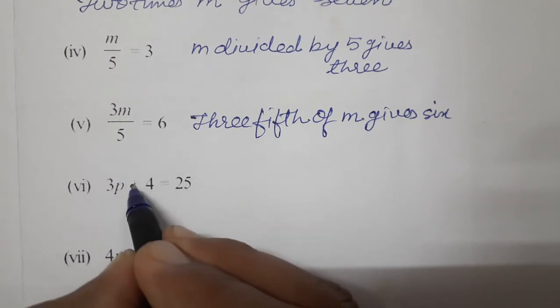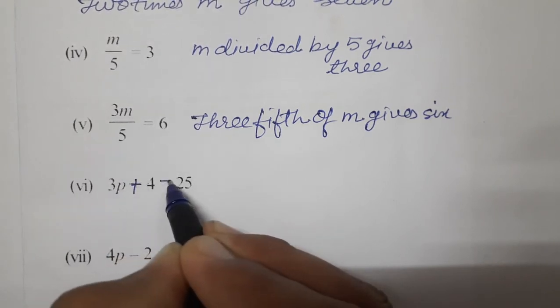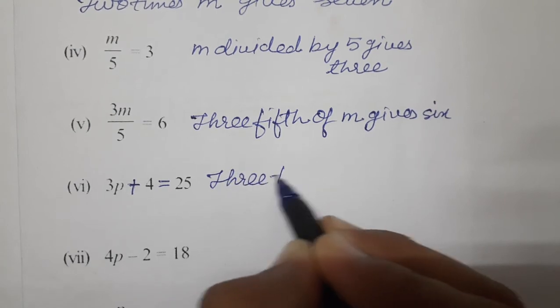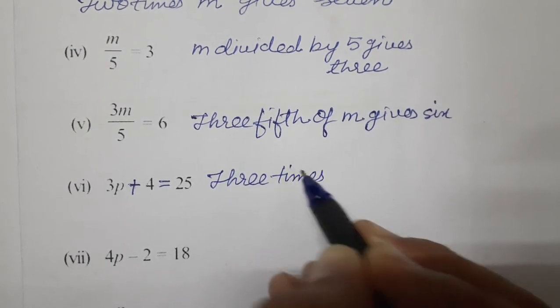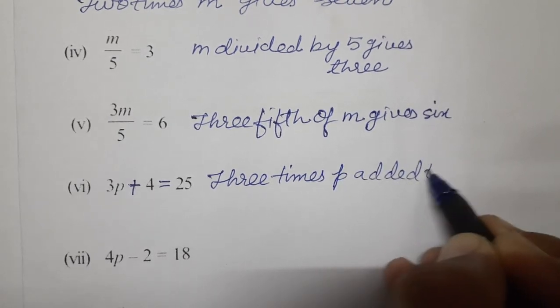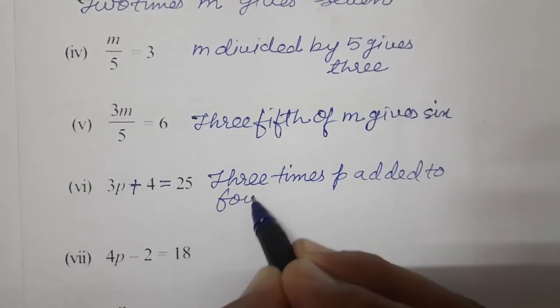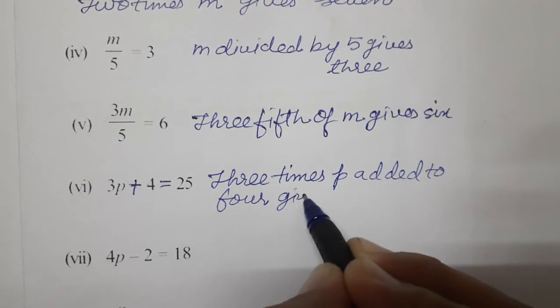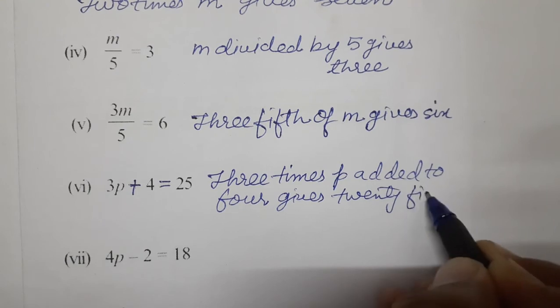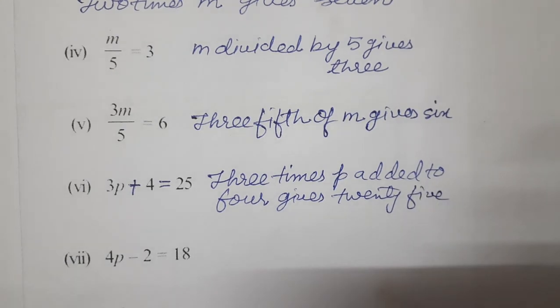Now see next one. 3P plus 4 equals to 25. So how will we write? 3 times P added to 4 gives 25. Okay children, getting it?